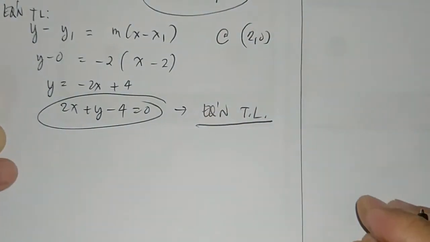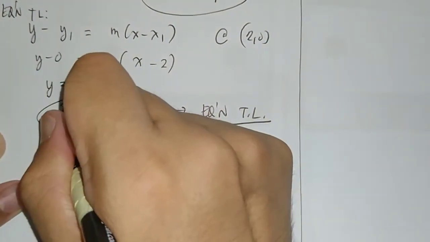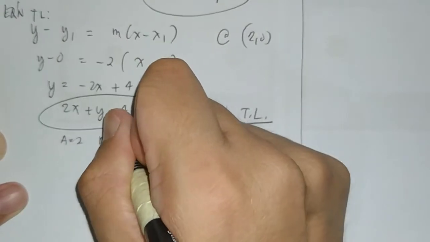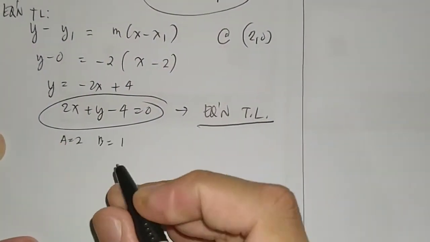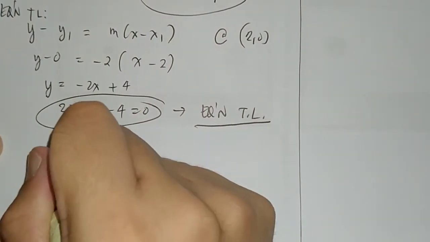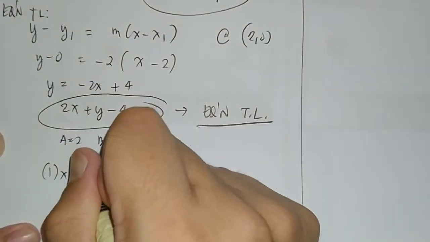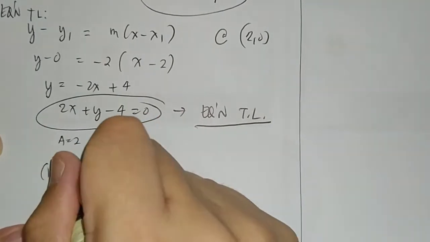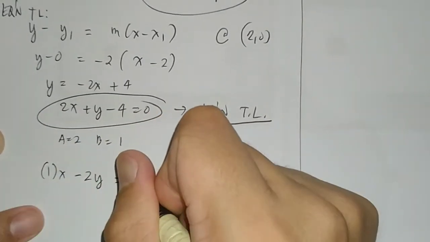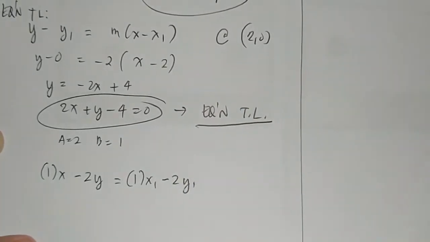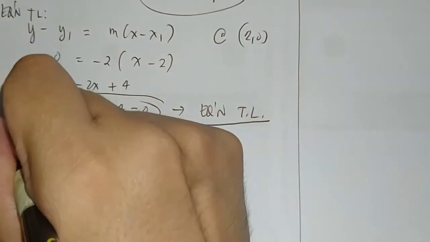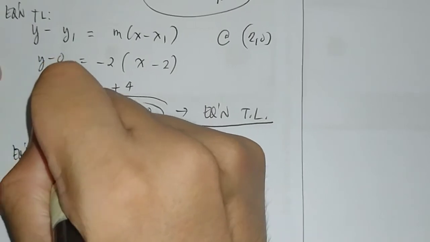So to solve for the equation of the normal line, your a is 2, your b is 1. Since it is positive in between, it becomes negative. So that is 1 times x, 2 times y, since plus, so that must be minus, is equal to 1 times x sub 1 minus 2 y sub 1, to solve for the equation of the normal line.